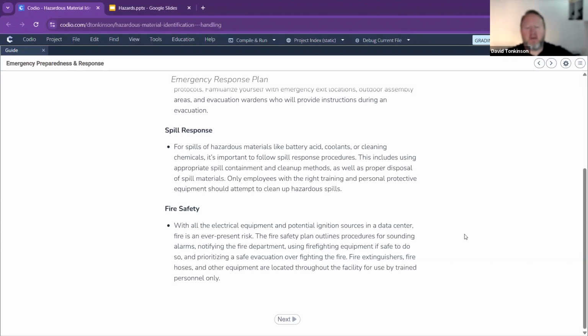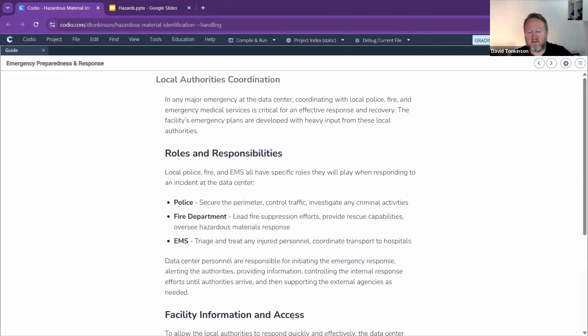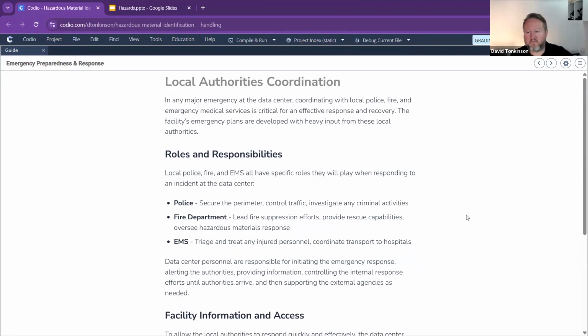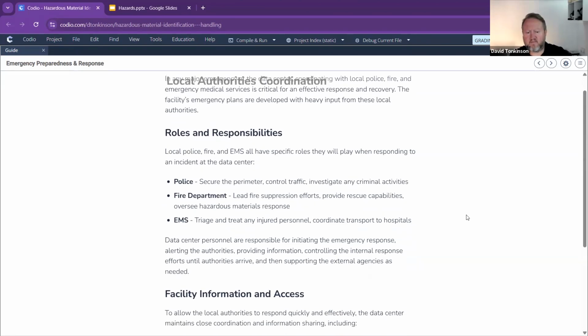As I said, most of the time, we will not get to an emergency response plan stage. We should always be able to prevent it before we get to that stage. But yeah, there's obviously been fires in data centers before for a variety of reasons. Thank you, Victor. No questions. Good stuff.